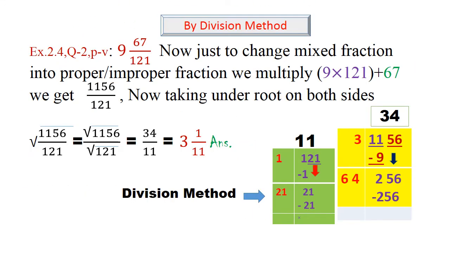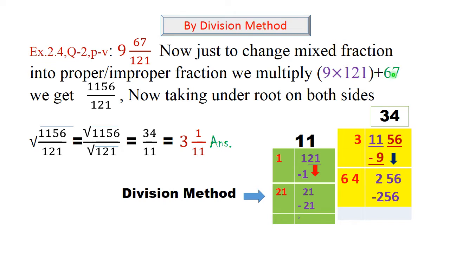Page 3, division method. Exercise 2.4, question 2, part 5. 9 67 over 121. Now just change the mixed fraction into an improper fraction. We multiplied 9 into 121, that is the denominator, plus 67, which is the numerator.